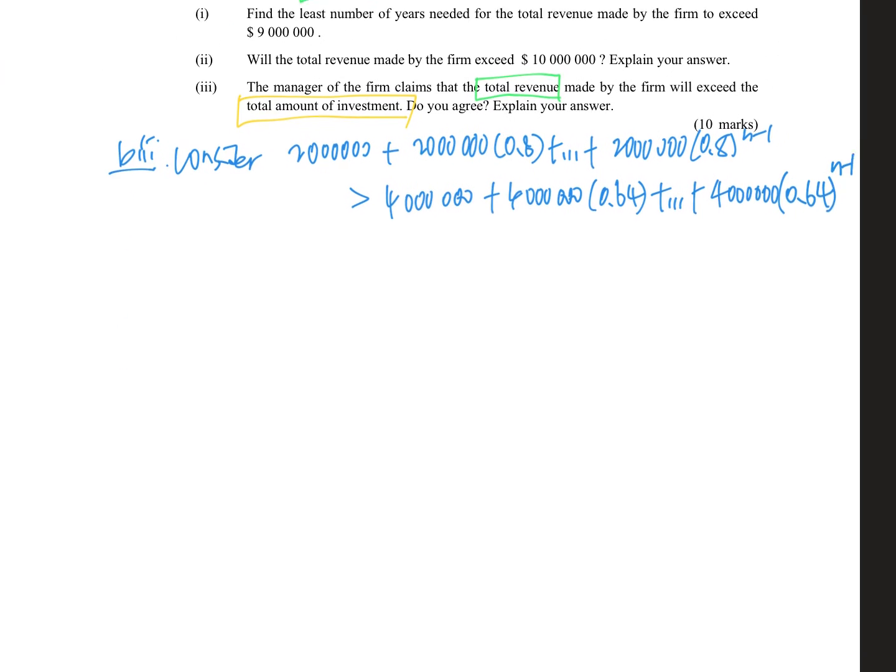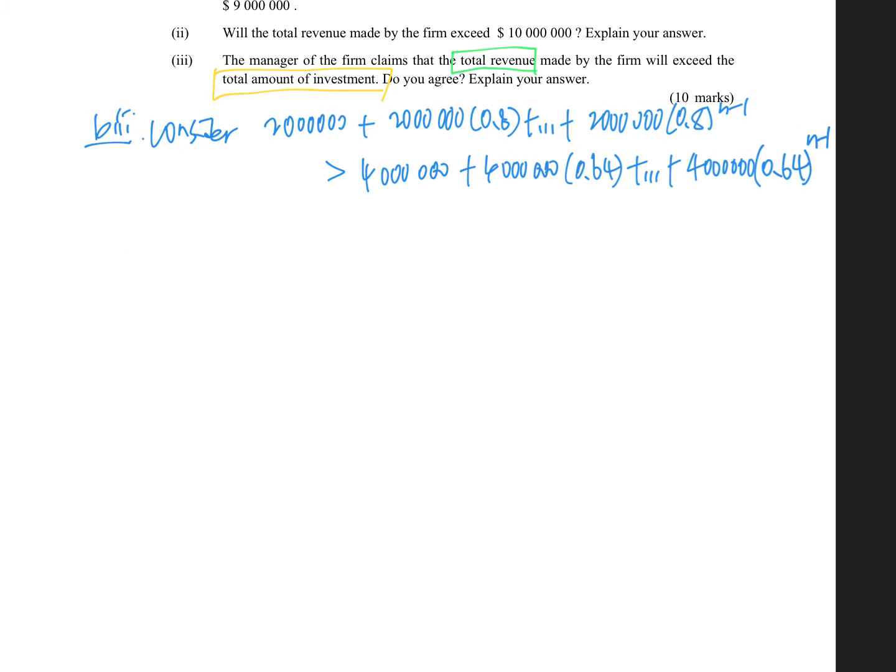For the left-hand side and the right-hand side, it seems that they belong to two different GPs. For the left-hand side of the inequality, we have done that before, so we just use the formula: a times 1 minus 0.8 to the power of n over 1 minus 0.8. And for the right-hand side it is similar.